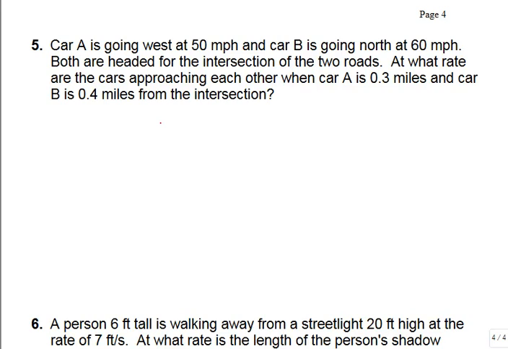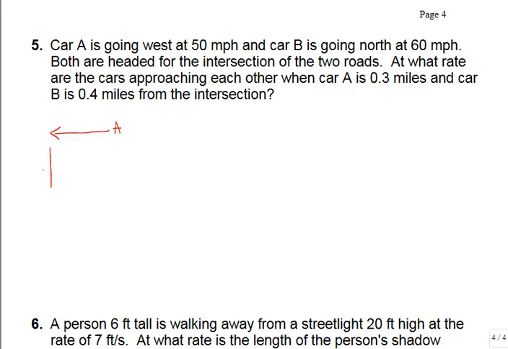At what rate are the cars approaching each other when car A is 0.3 miles and car B is 0.4 miles from the intersection? So drawing a picture here is really, really important, and you want to draw it correctly. Car A is going west. So here's car A, and car B is going north, and they're both heading towards the same intersection.